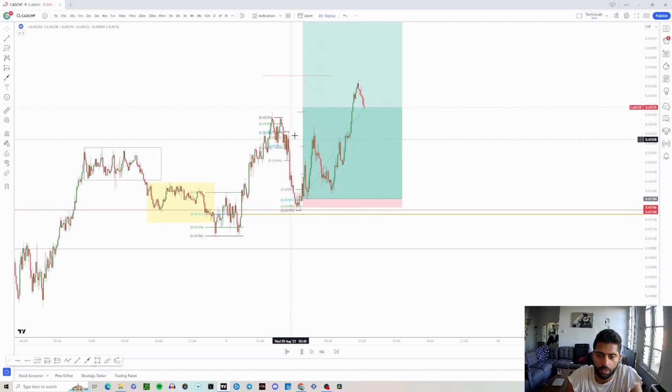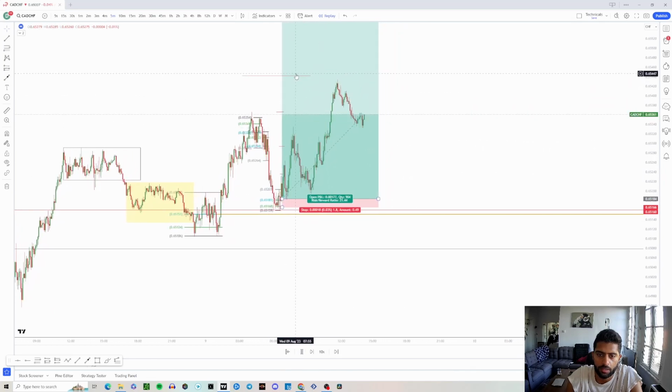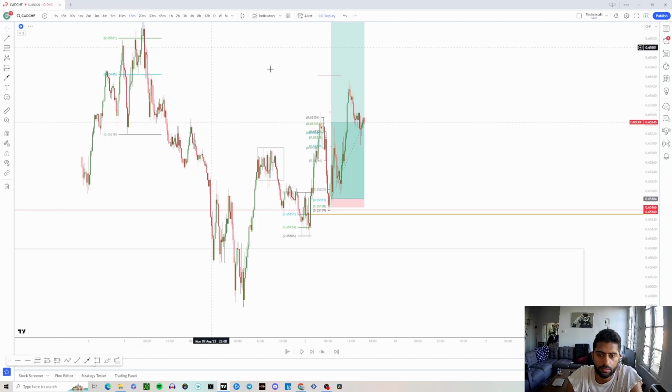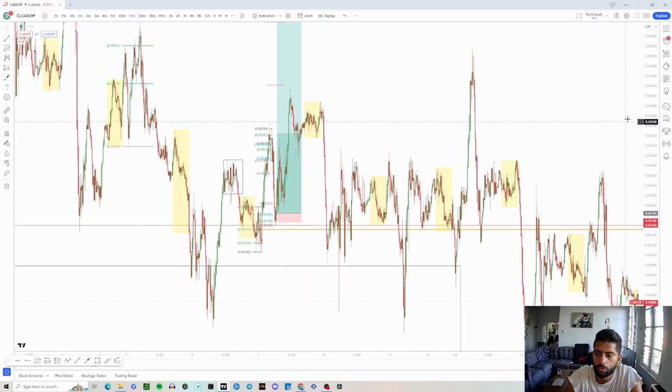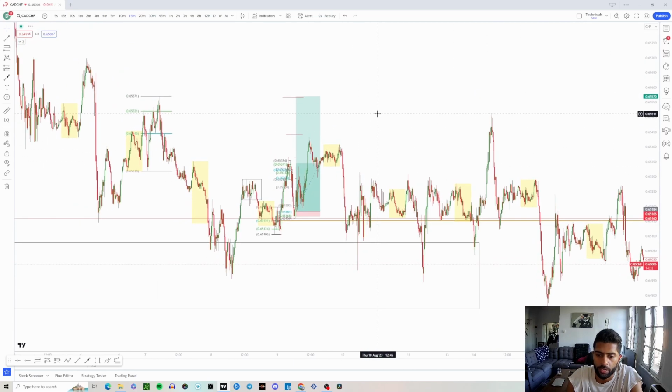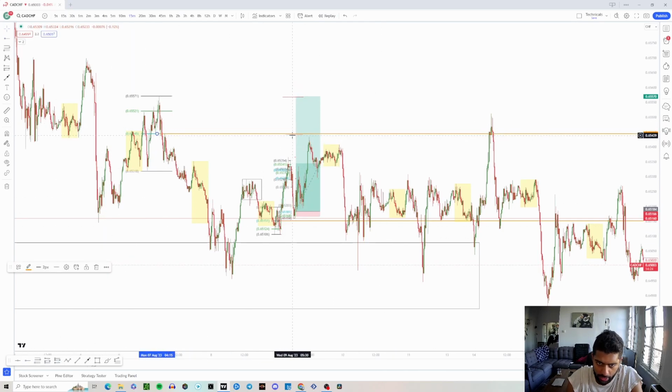So target 1 already hit, target 2 hit, and let's see. Let's just play it. So, okay. So 2 targets would have hit here, and look at this. The third one just missed by a tad, but that's okay.